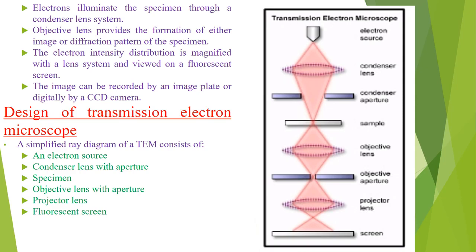These can be seen on the right side of the screen, in which the transmission electron microscope can be studied graphically or in the form of a picture, where the electron source comes first and then the condenser lens, and after that the specimen is present.